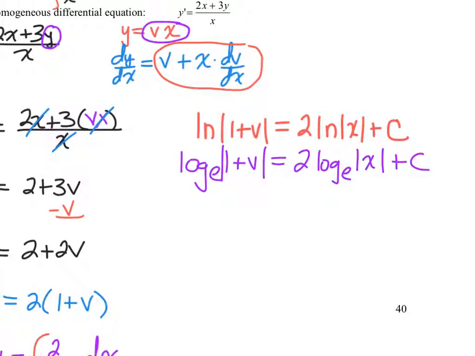So it would clean up. It would be fine. But if you don't put the plus C in there, then all you get is 1 plus v equals x squared. And you lose the constant completely, and chaos ensues.